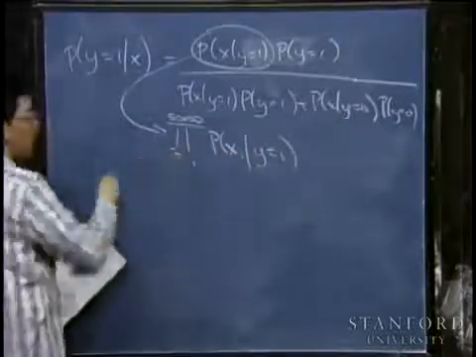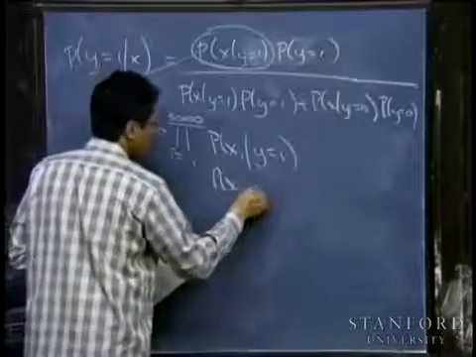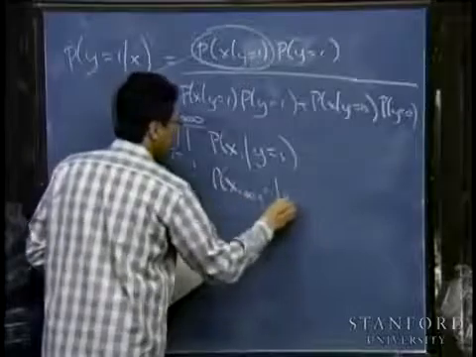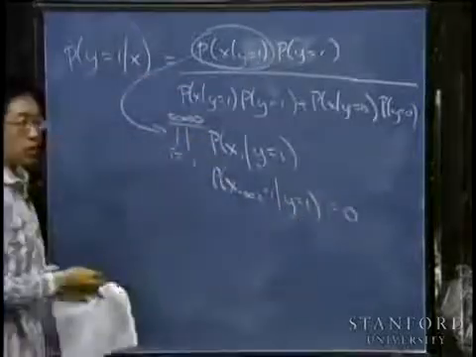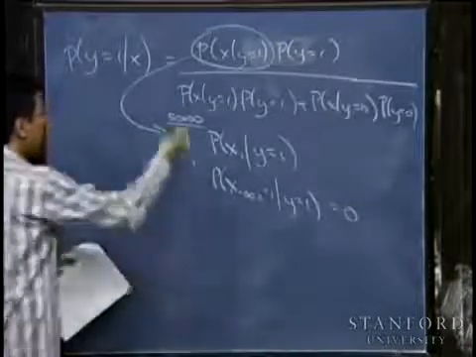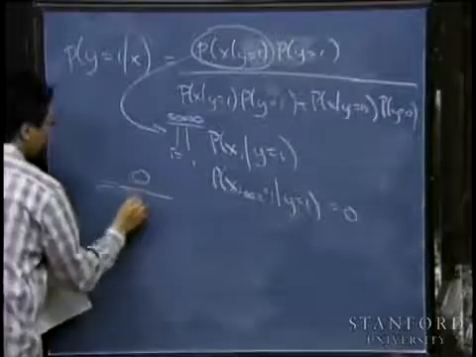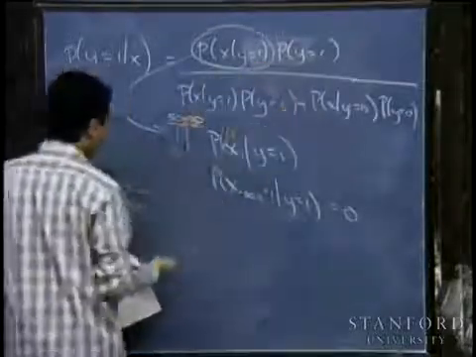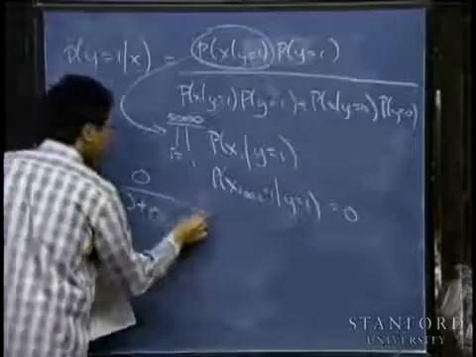And one of those probabilities will be equal to 0 because P of x30,000 equals 1 given y equals 1 is equal to 0. So you have a 0 in this product, and so the numerator is 0. In the same way, it turns out the denominator will also be 0, and so actually all of these terms end up being 0.